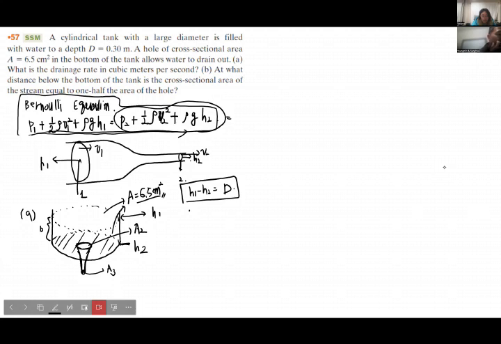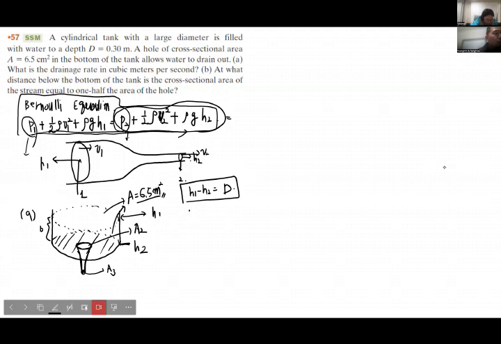So now if you look back at the Bernoulli equation, at point A, P1, let's just assume there's no pressure difference between the top and bottom, so the pressure at the top and bottom is the same, and only the relative kinetic energy term and the potential term remain.